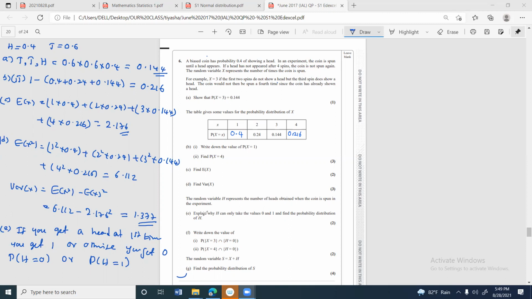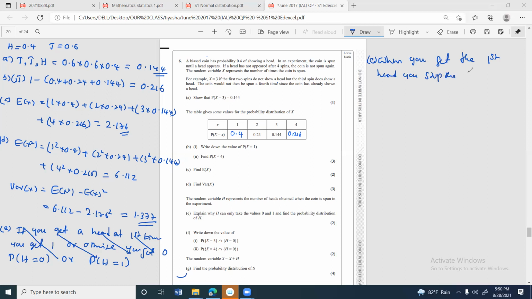Yes, sir. So in this case, this is the way. If this answer is not clear to you, you can explain it like this. When you get the first head, you stop the process.